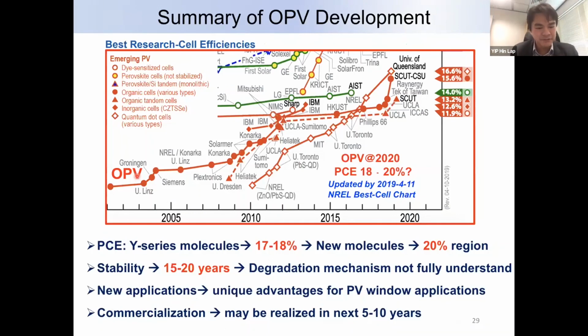For the organic solar cell over the past 2 years, we have seen excellent improvement in performance. And I think with our recent demonstration of very good stability of up to 15 to 20 years, we will be able to really explore this new type of solar cell technology for many different applications.